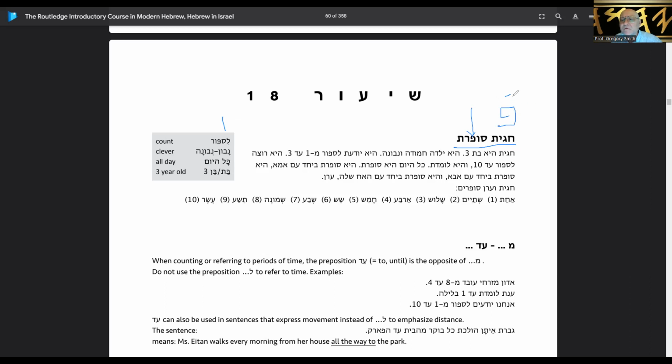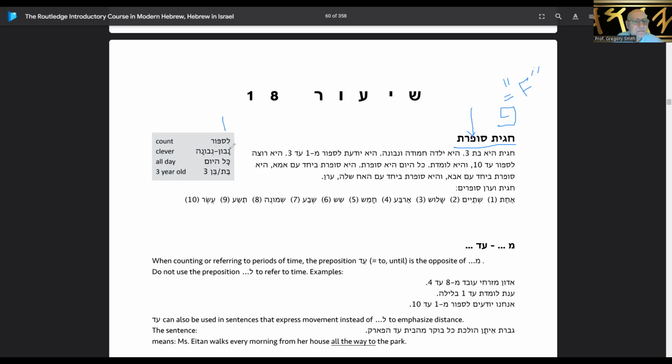F sound. Okay, so soferet. Hagit soferet. So Hagit counts. Hagit soferet. חגית סופרת. Yeah, Hagit counts. Okay, so that's what that is.